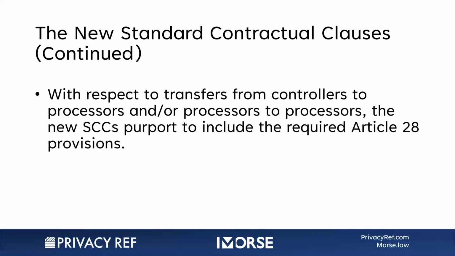Now, these new standard contractual clauses will include those provisions. So essentially, that will, I think, eliminate the need in many circumstances for a data processing agreement when there is a data transfer that's associated with the context. Previously, you often saw the Article 28 provisions in the main body of the DPA, and then attached would be the old standard contractual clauses.